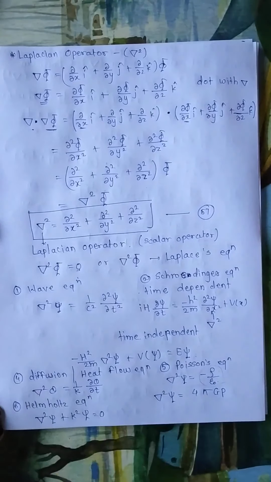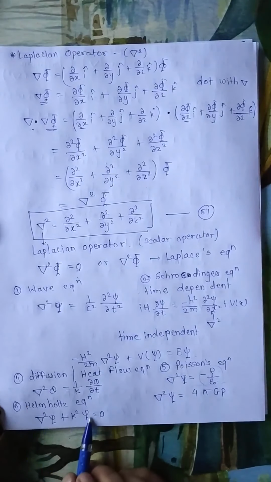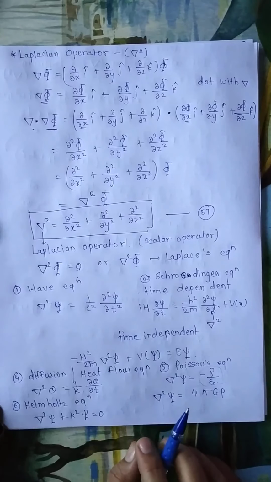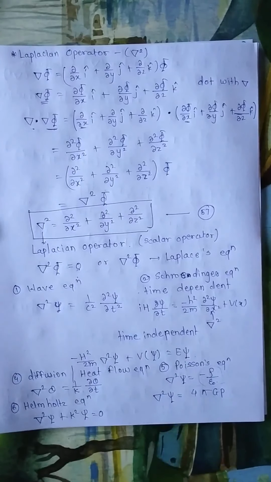And the last equation is the Helmholtz equation, which is del square psi plus k square psi equals 0. This equation appears in sound, acoustics, electromagnetic waves, or elastic waves on a vibrating string. So these are the Laplacian representing flux density and gradient flow of the function.